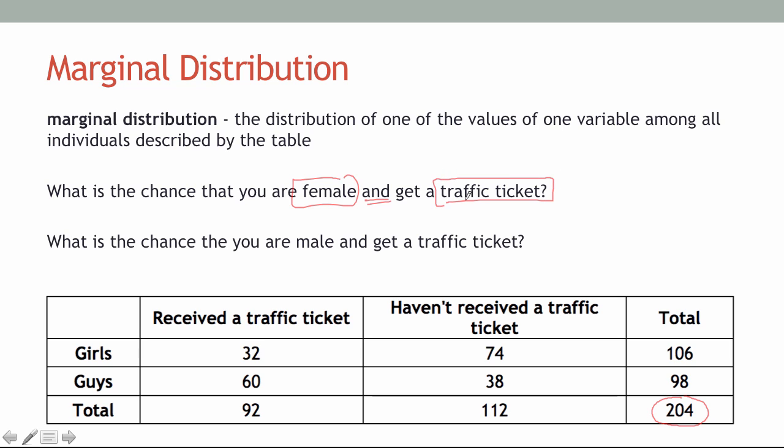So we got two things to consider. Let's look at our table and look at if you're female and received a traffic ticket. That is 32 people. So our chances then are 32 out of 204. And if I divide those and multiply by 100 to turn that into a percent, that is about 15.7%.